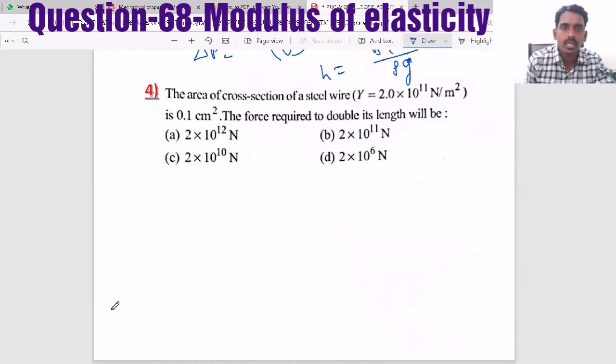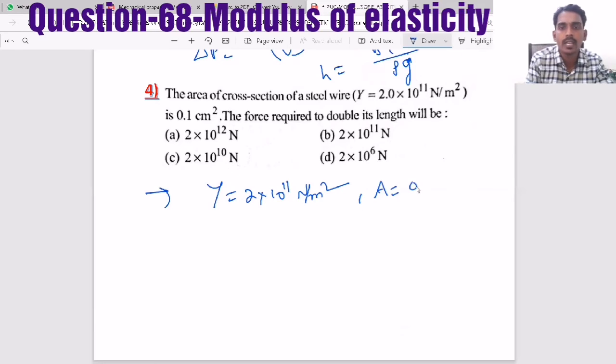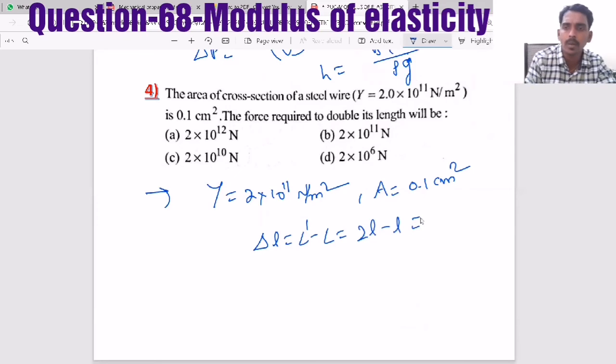Now the next question. The area of cross section of a steel wire, Y value they have given as 2 into 10 power 11 Newton per meter square, and area is 0.1 centimeter square. Now they are asking the force required to double its length. So delta L means L dash minus L, that is final length minus initial length. It should become double. So the change in length equals the initial length.